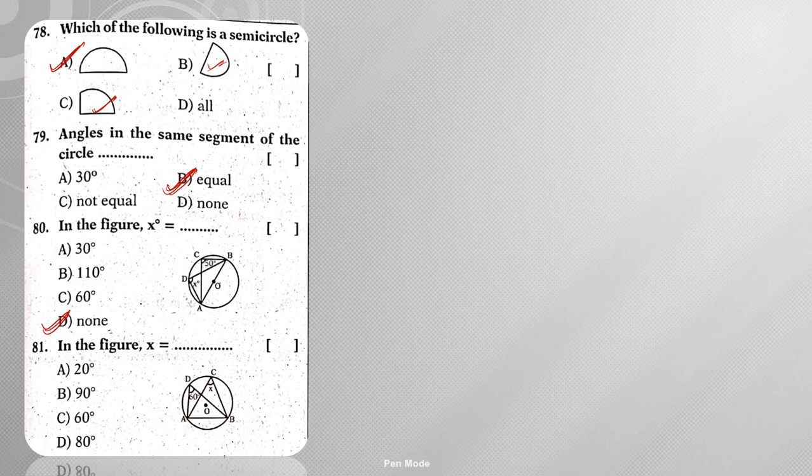So AB is the chord here. Now with respect to this chord, this whole thing is major segment, right? So if this whole thing is major segment, then angles in the same segment are equal. So if this is 60 degrees, then this also will be 60 degrees. So hence angles in the same segment are equal.